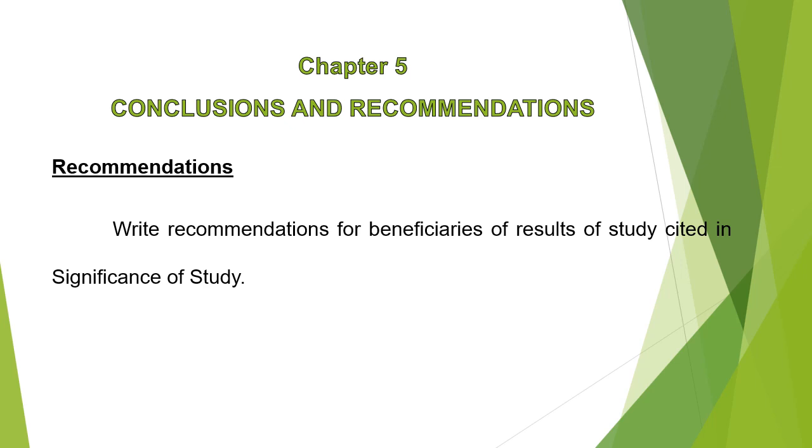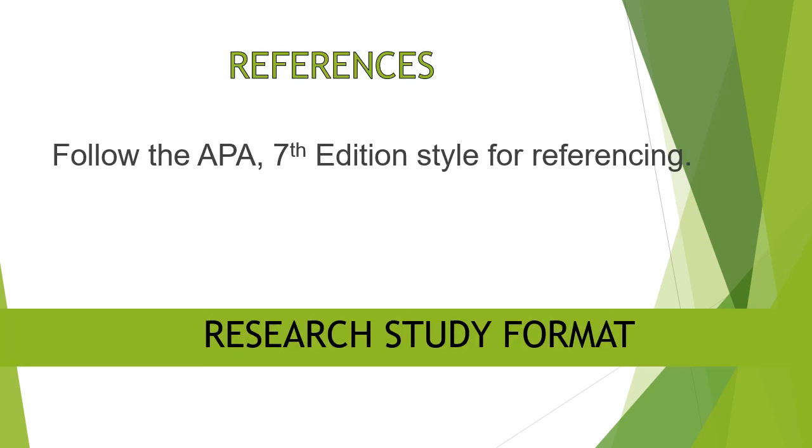Okay, so that's all about the 5 chapters of the research. However, we also have to include our references, which is one of the most important parts of the research study, because in the very first place, we are going to include some details from other articles, other journals or other books, or any article coming from the internet, and you cited that in your review of related literature or any part of your research, then again, you have to acknowledge the persons involved in this study.